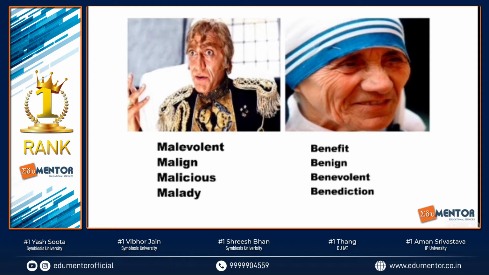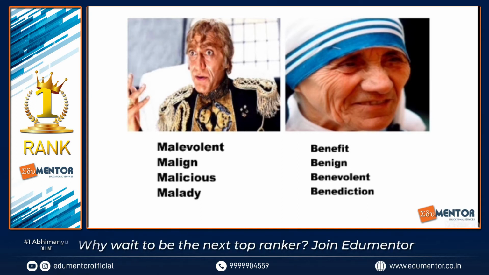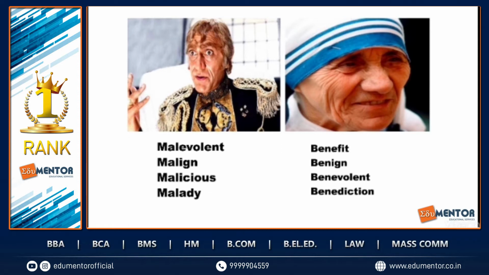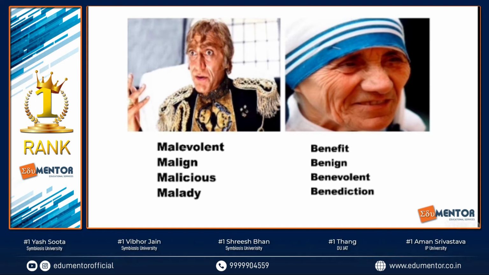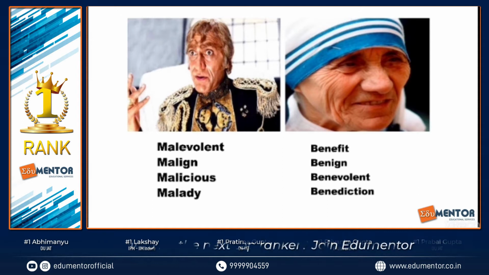The important thing to note over here is that all the eight words that we have, in a sense, use a root word. So in the first set, malevolent, malign, malicious, and malady, we have the root word mal, which emerges. So mal is a root word which means bad.